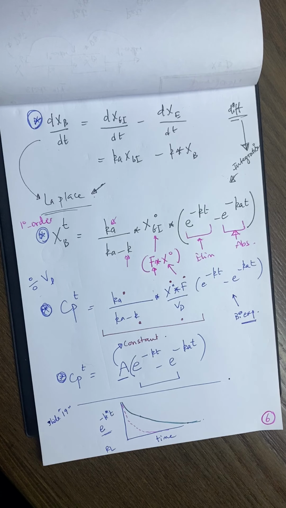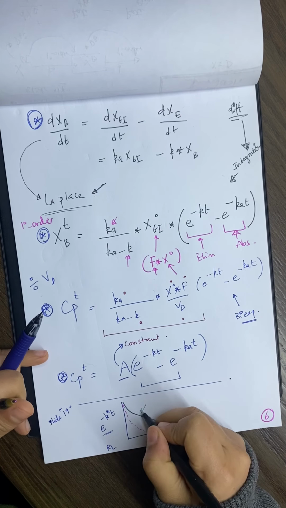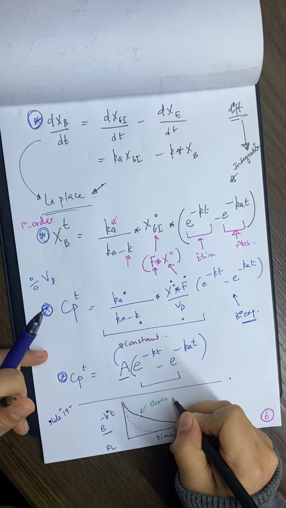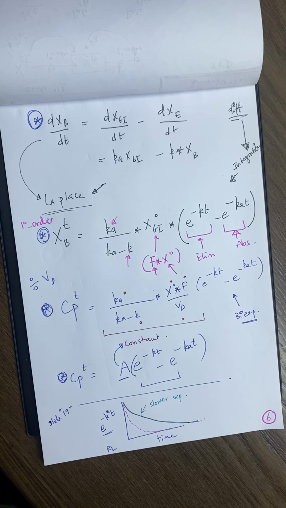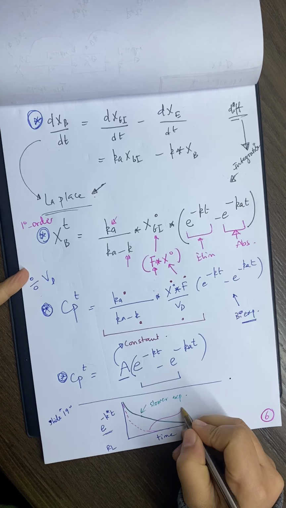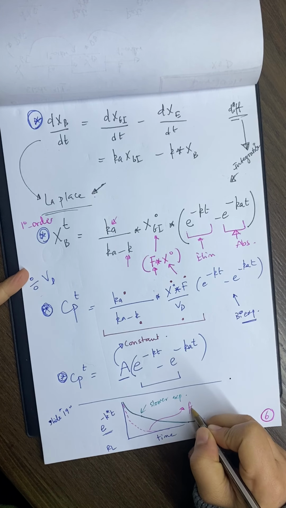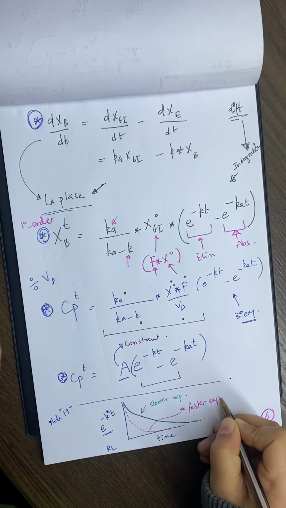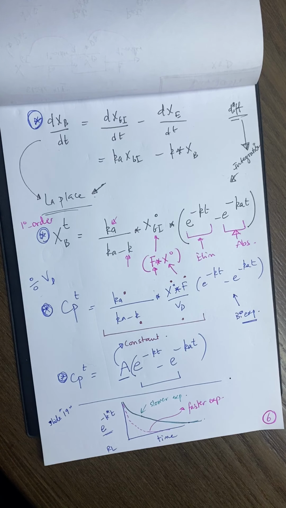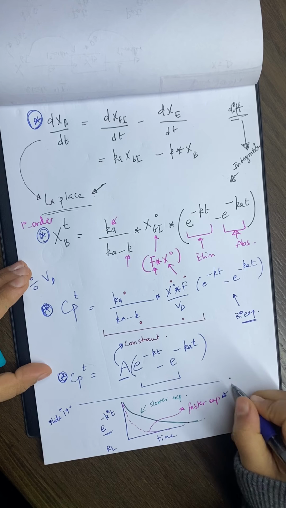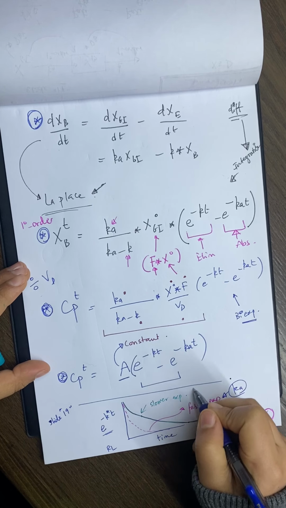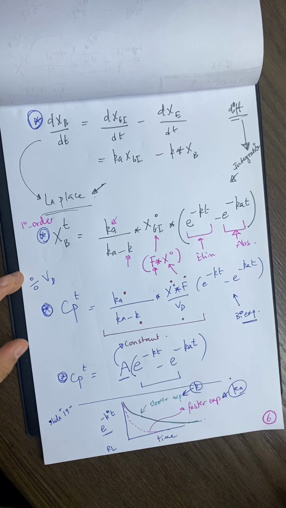So this is the slower exponential term, and this is the faster exponential term. In the general case, the absorption is faster, so usually this is related to the absorption, and this is related to the elimination.